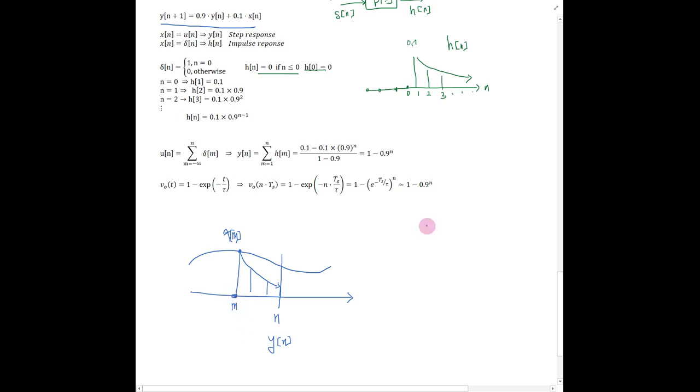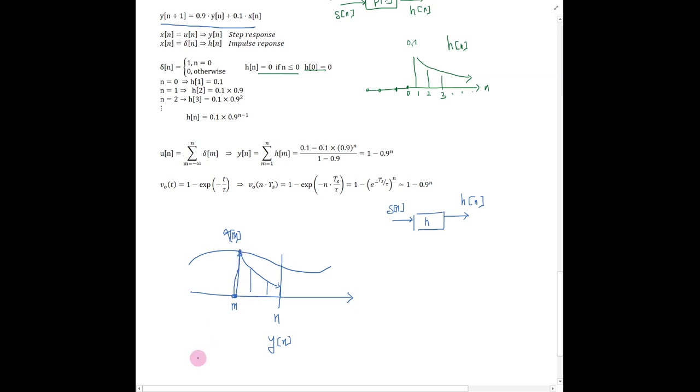If a system is linear and time invariant, then we can apply the linear time invariant system response. Here is a system. When we apply delta n, the output will be hn. So this is the impulse response. But now we apply an input sequence like this one.